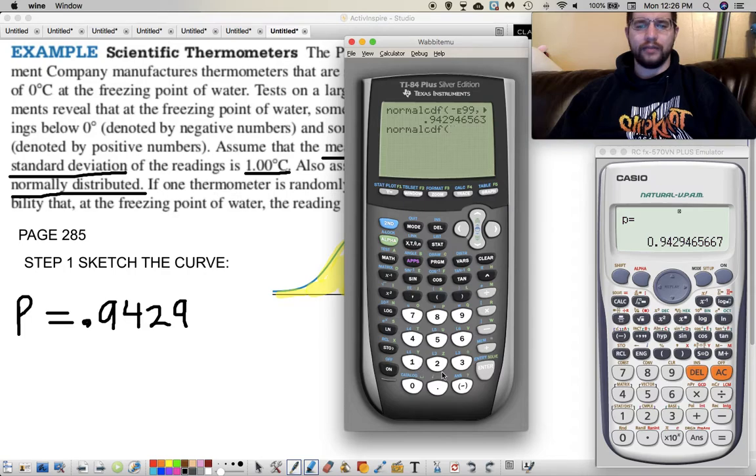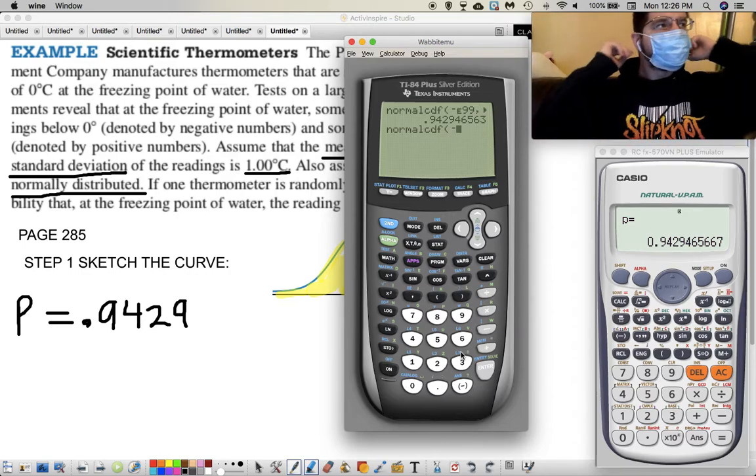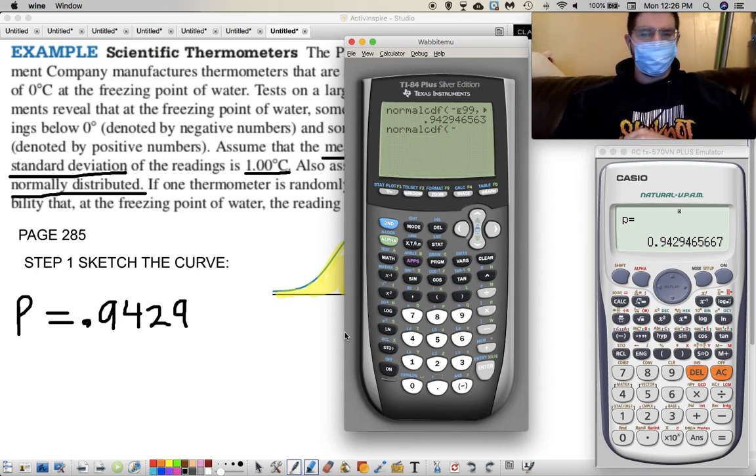But we're going to go to negative infinity. So we have a slightly different button here. We're going to go second comma, E99. So negative infinity to 1.58.